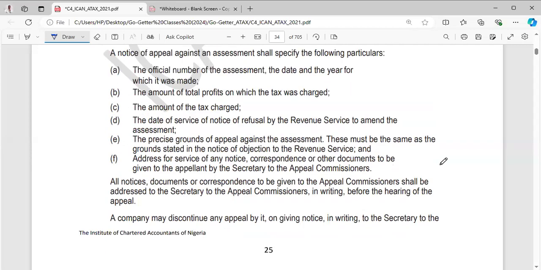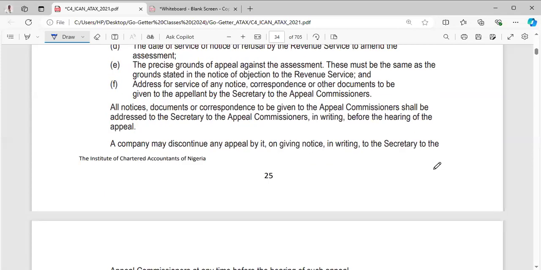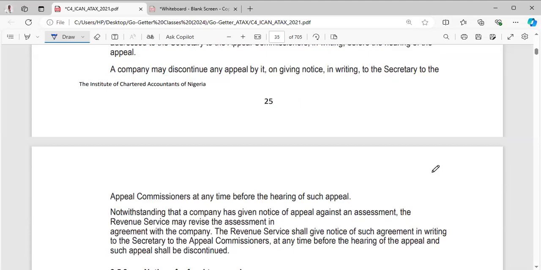Now, all notices, documents, and correspondence given to the appeal commissioners shall be addressed to the secretary of the appeal, in writing. Now, a company may discontinue any appeal by giving a notice to the secretary at any time before the hearing. Anytime before the hearing.